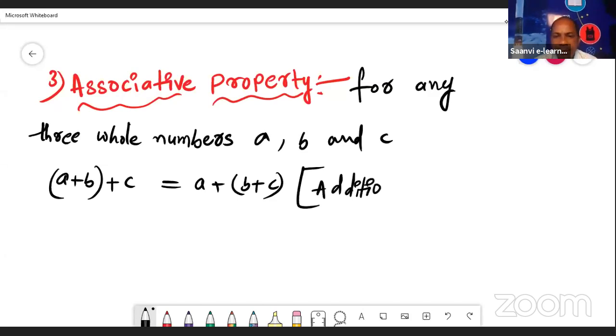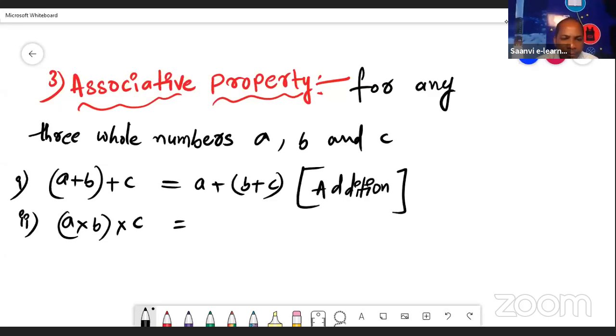Adding means it is addition. And under multiplication, it means (A into B) into C is equal to A into (B into C). So this is associative property under multiplication.